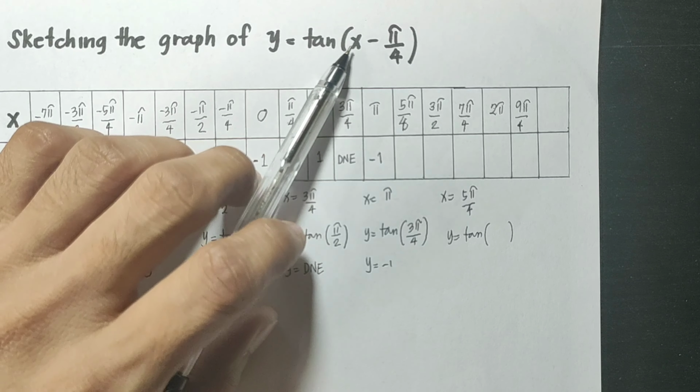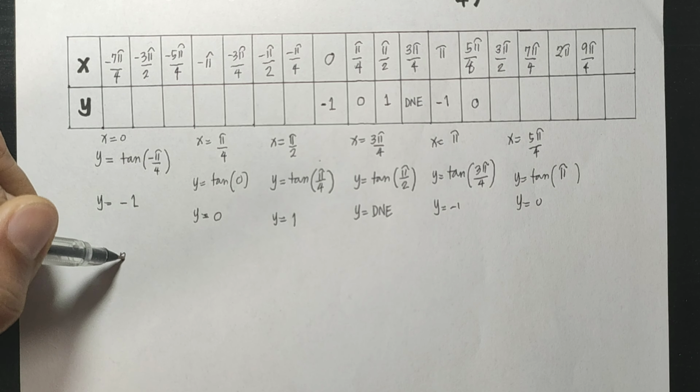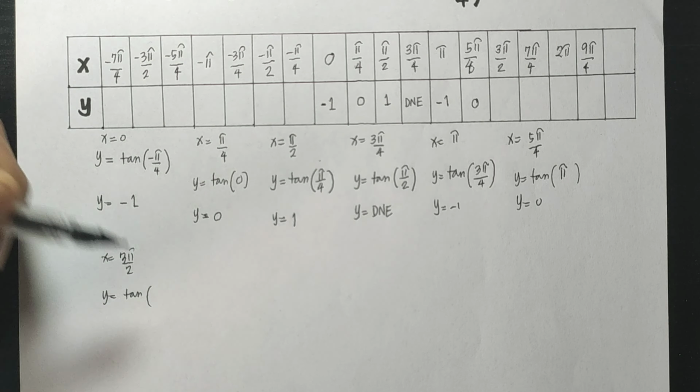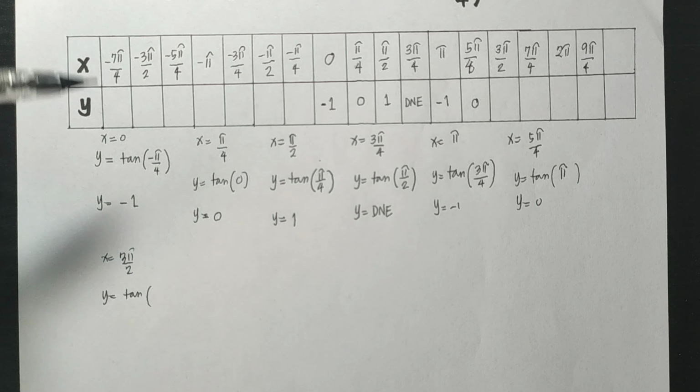Next, after getting that, let us have the value when x is 3 pi over 2. So when x is 3 pi over 2, y will become tangent of 3 pi over 2 minus pi over 4. Just get the LCD. For you to know how to do that, let us use a scratch paper.